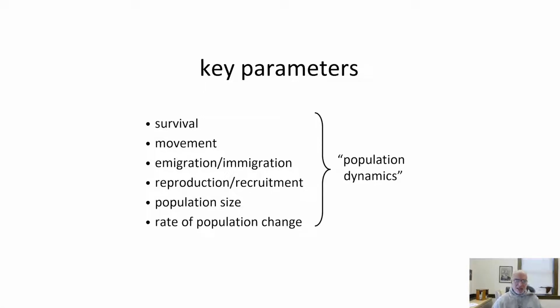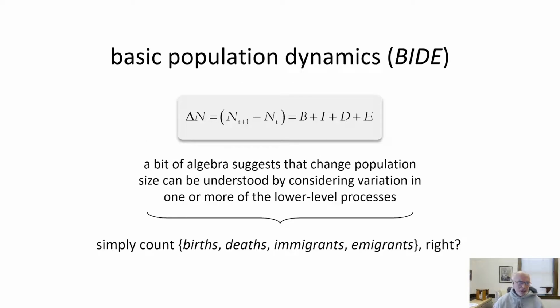And population dynamics is essentially the study then of either the sub-processes, the lower level processes, or the overall impact of those processes on population size and how that changes through space and time. Now, when you stare at the BIDE equation, we've simply moved a few things around.